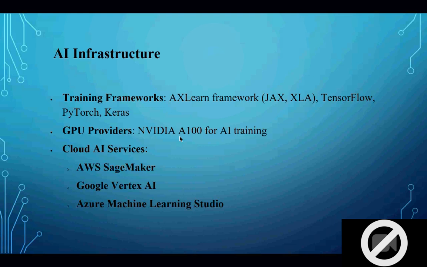The other one is called XLA, or however people pronounce it. I pronounce it XLA, and it stands for accelerated linear algebra. Basically, it allows Apple to efficiently train large-scale models across hardware, including TPUs and cloud GPUs.